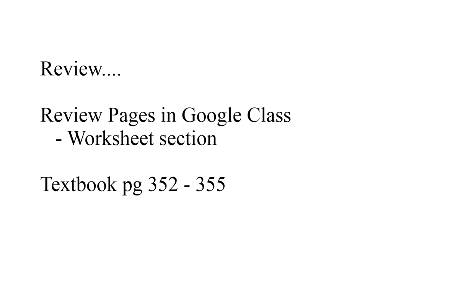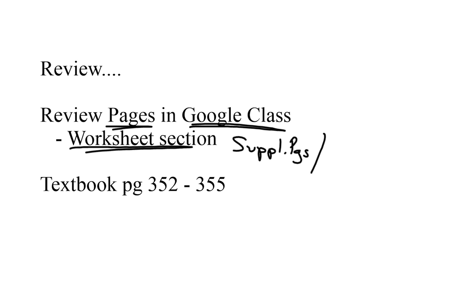Wait, I forgot one little bit. Now to review. There's the overview. To review this, you have review pages in the Google Classroom. In the worksheet section, there are the Blackline Masters supplemental pages that are available to you, but also there is a Chapter 6 Rationals review.